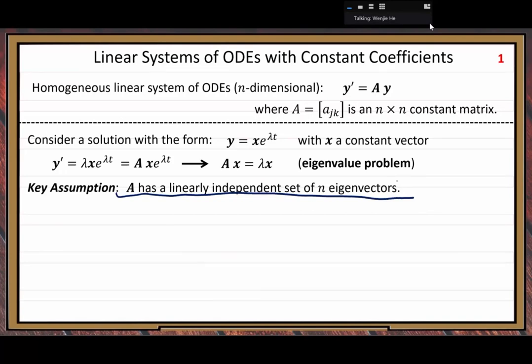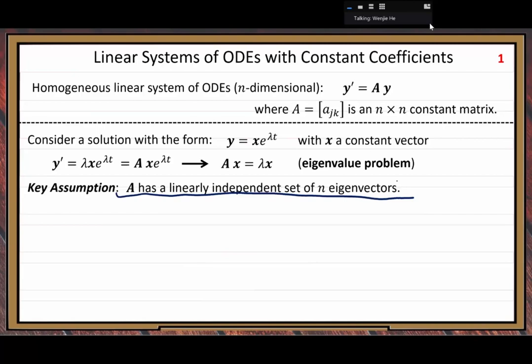Let me describe the whole situation here. If we do not put this key assumption here, then for some relatively bad matrix, we may not be able to find a set of n eigenvectors that are linearly independent.